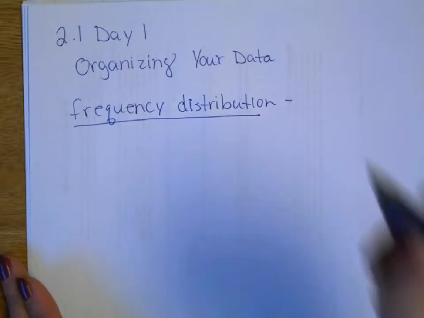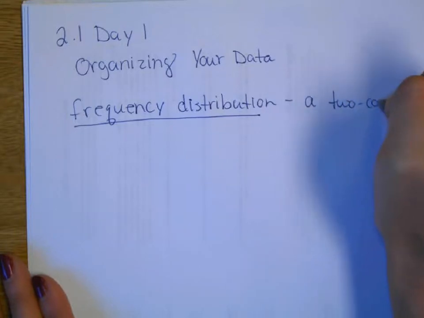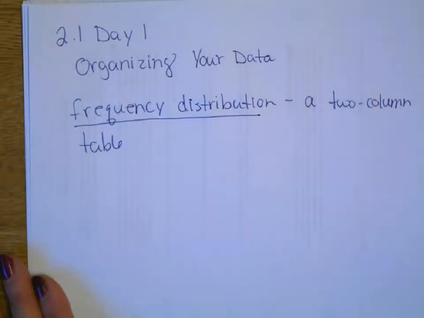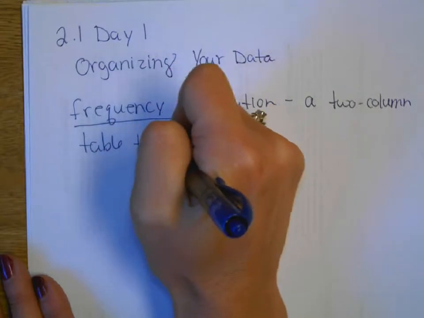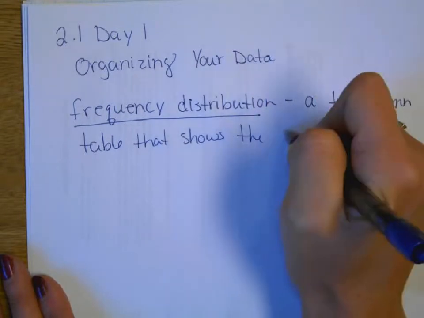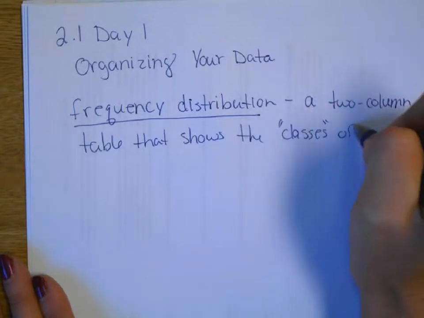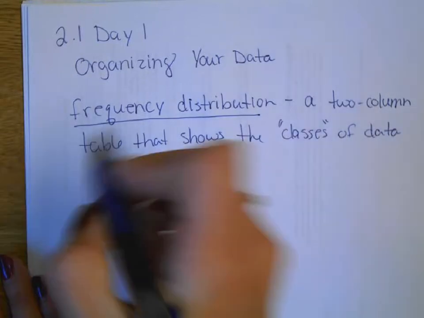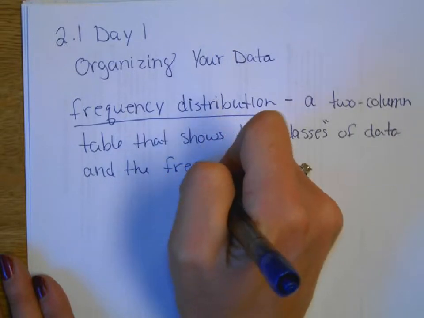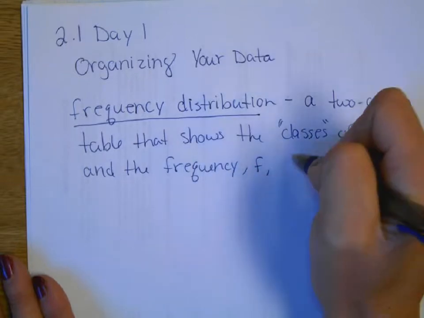It's a 2-column table that shows the classes, and I'll explain what that means, of data, and the frequency, which they use F, for each class.